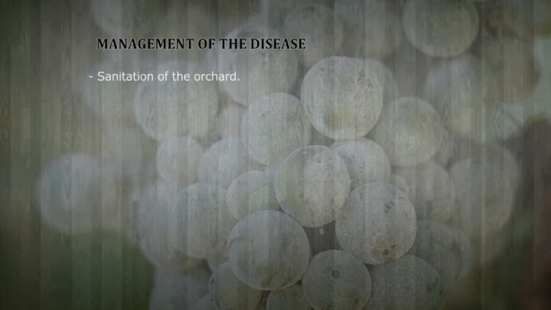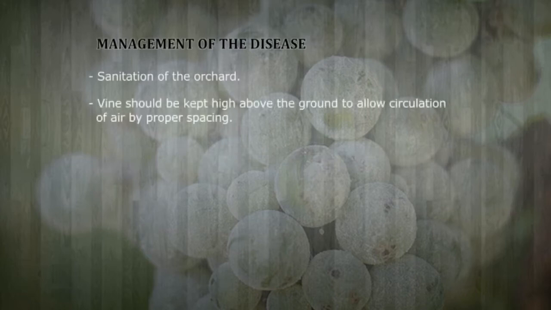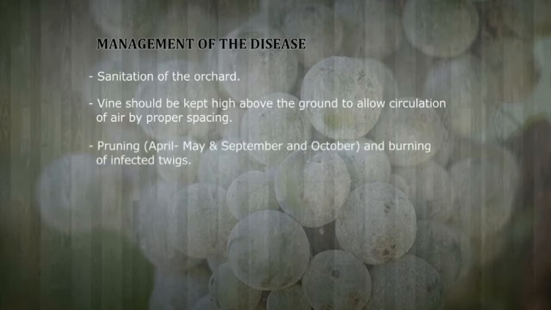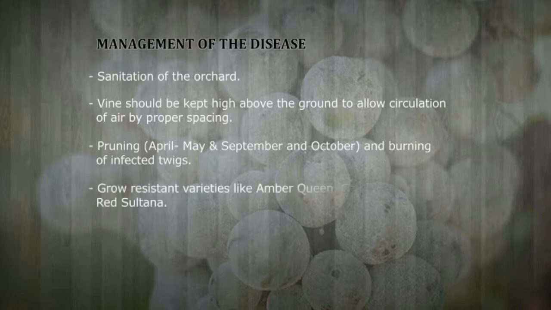Sanitation of the orchard. Vines should be kept high above the ground to allow circulation of air by proper spacing. Pruning in April, May and September, October, and burning of infected twigs. Grow resistant varieties like Amber Queen, Cardinal and Red Sultana.